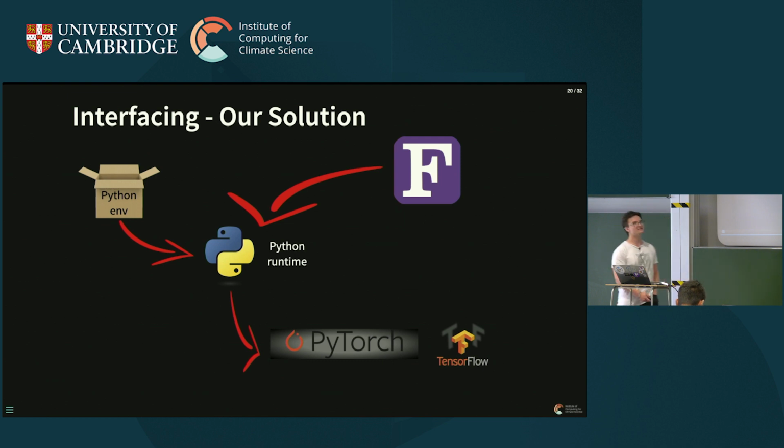So this is the typical way of running things. You have your Fortran code up here. You've got some data that you pass to the parameterization. That has to go out to the Python runtime, which is situated in a Python environment, and it will then run PyTorch or TensorFlow. An additional issue is that you now have to manage your Python runtime alongside this.